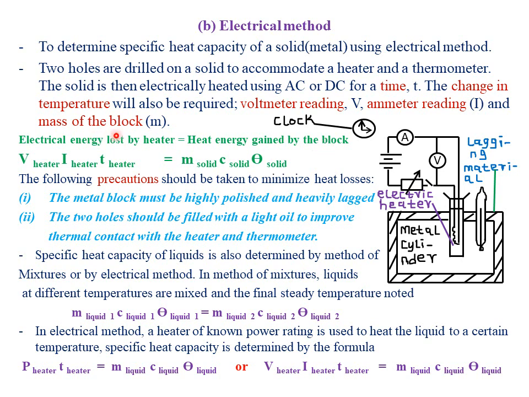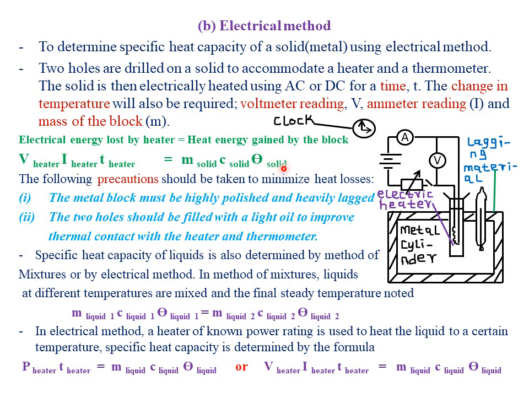The electrical energy lost by the heater is given by VIt. That is the voltage of the heater multiplied by the current of the heater multiplied by the time for which the metal cylinder was heated. So VIt must be equal to the heat gained by the solid, which is given by the mass of the solid times the specific heat capacity of the solid multiplied by the change in temperature of the solid.